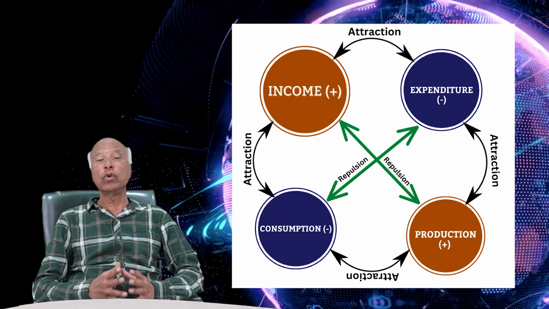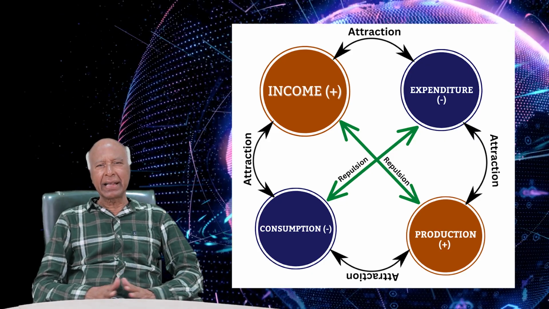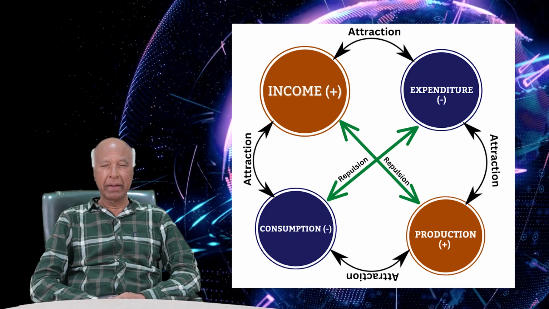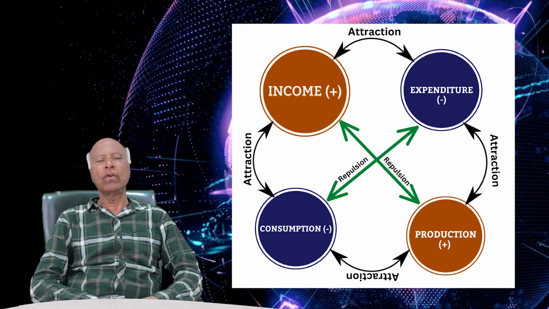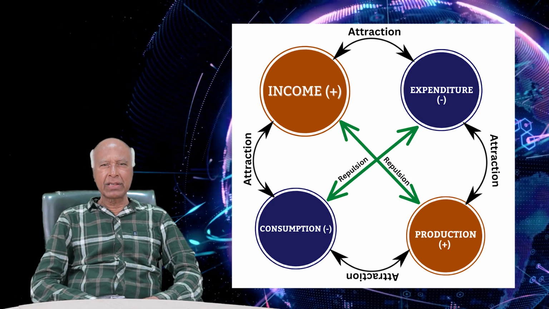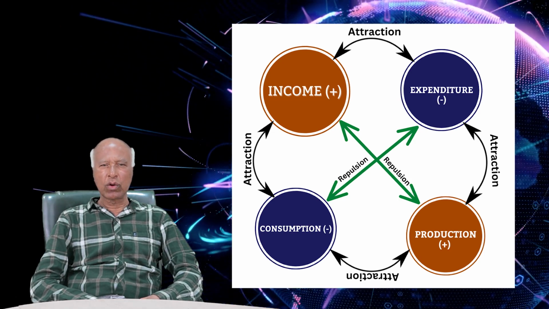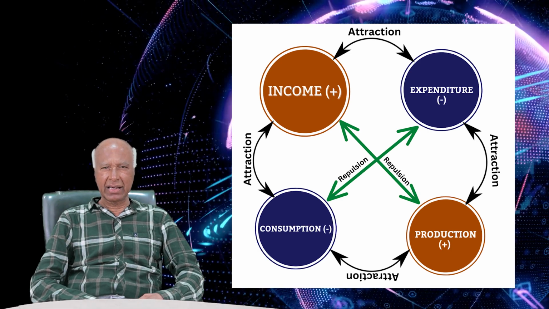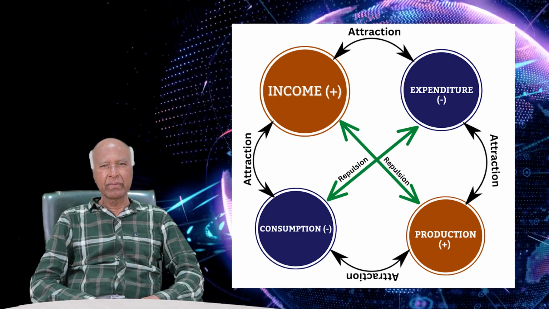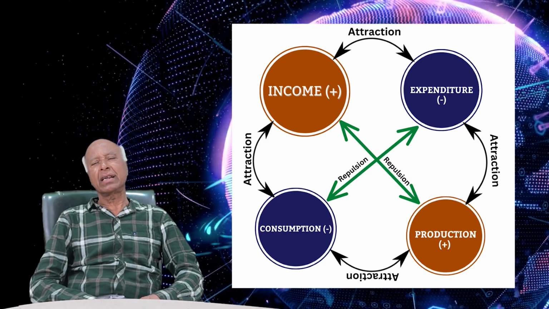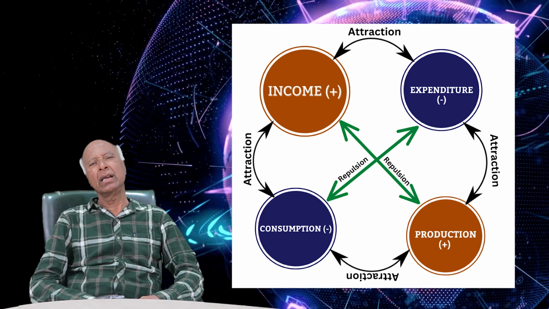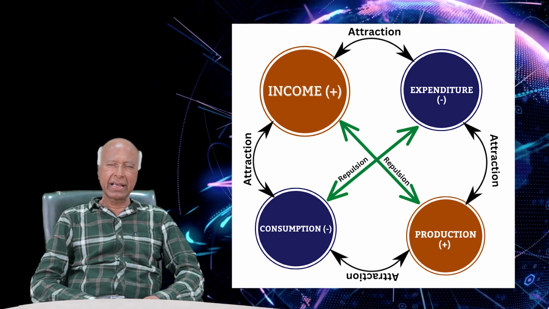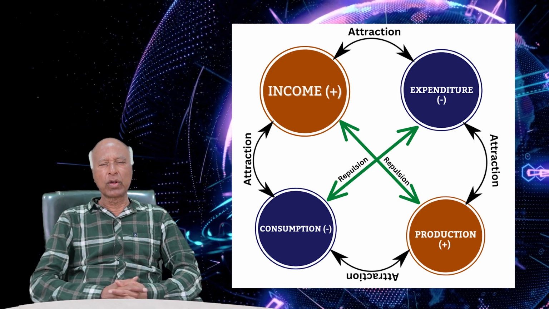But if it has to grow, then static, what I told you before also, there is never a static equilibrium. In a perfect state of equilibrium, income is exactly equal to expenditure, and income is exactly equal to consumption, and consumption is exactly equal to production, and production is exactly equal to the expenditure he makes as a cost of production.